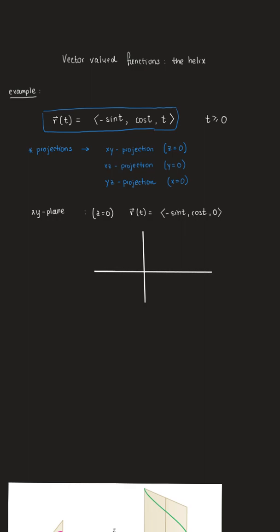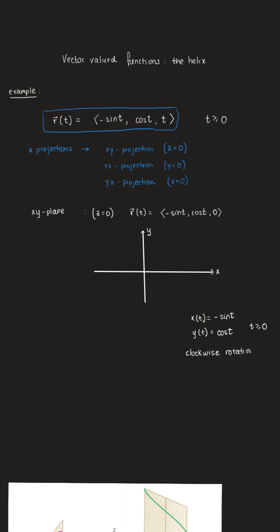Here's my xy coordinate system, and let's take a look at our x and y components. We can see here that x of t is negative sine t, and y of t is cosine t, for t greater than or equal to 0. This is actually a clockwise rotation around a unit circle.